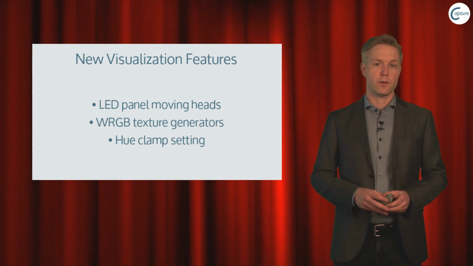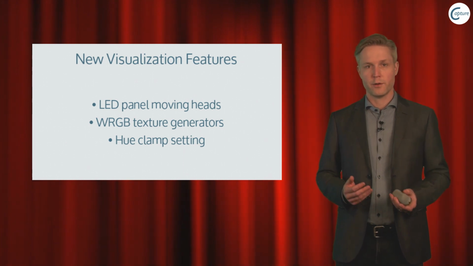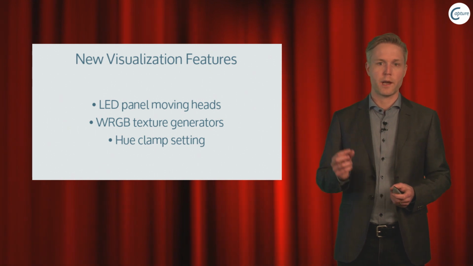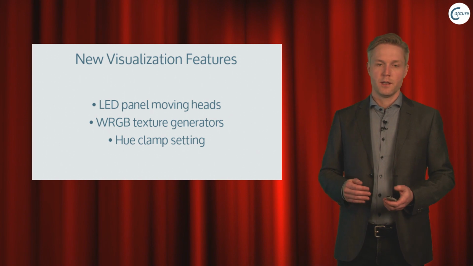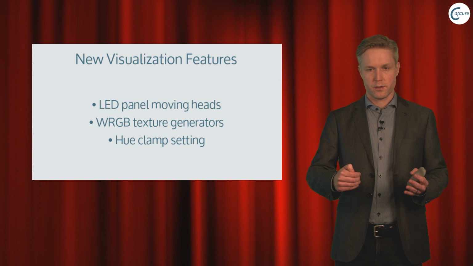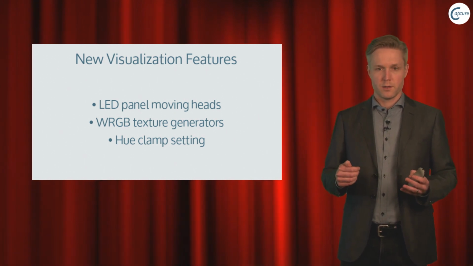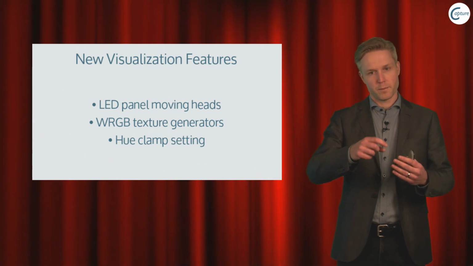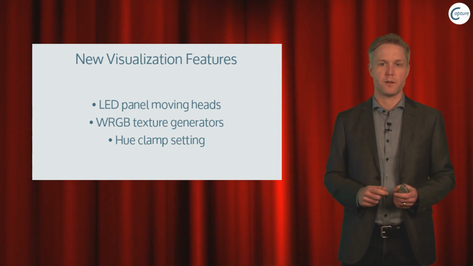And finally, and also highly requested, is a new rendering setting which is called hue clamp that can help you alleviate the issues with white apertures in the rendering. What hue clamp does is it restricts the color variations that come from simulating intensity differences, so that instead of going white out, they will go to the actual color, in a sense, the actual hue of the fixture.